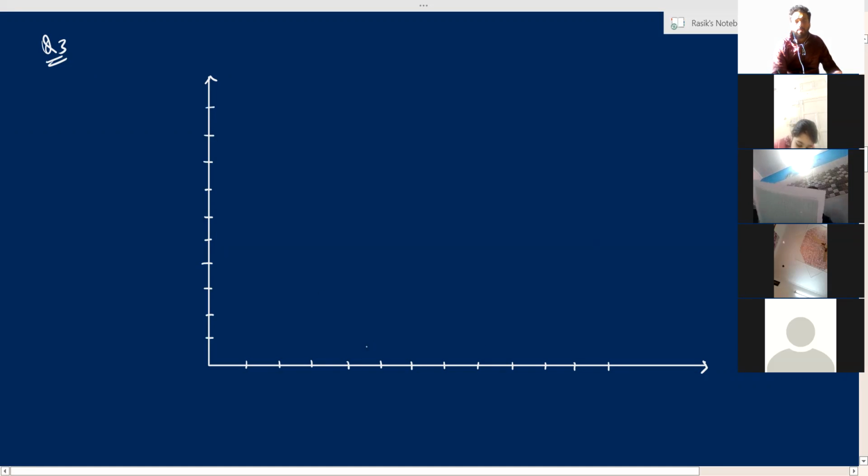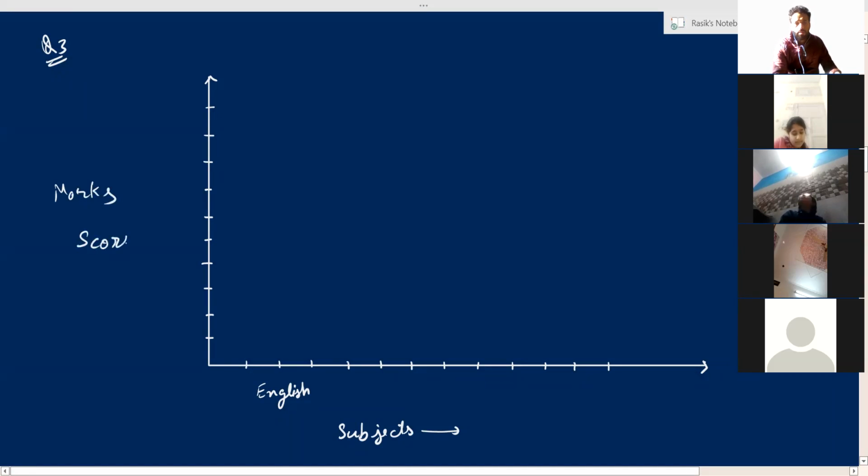Okay. Now, because it is a double bar graph, let me show you how to draw. English. These are the subjects. And what are these? These are marks scored, on this axis, the y-axis.